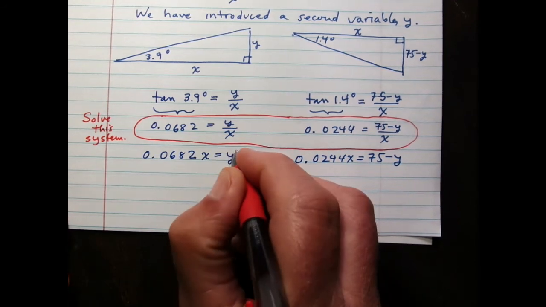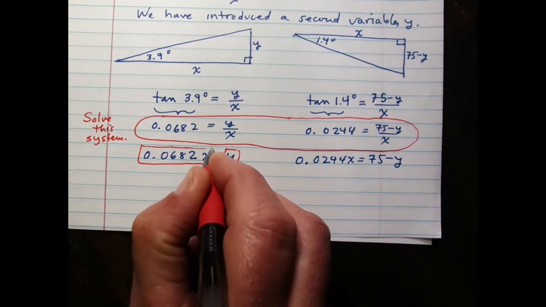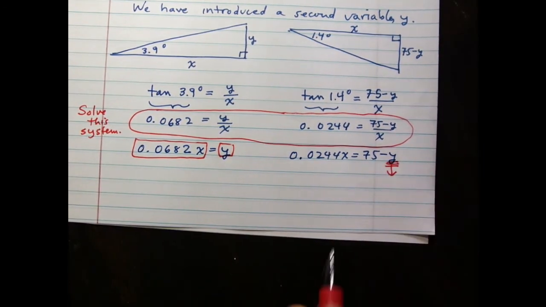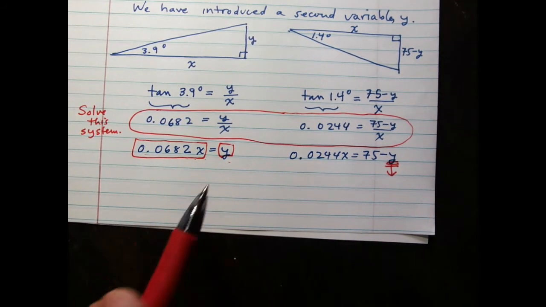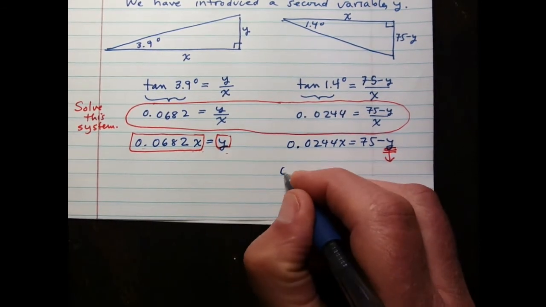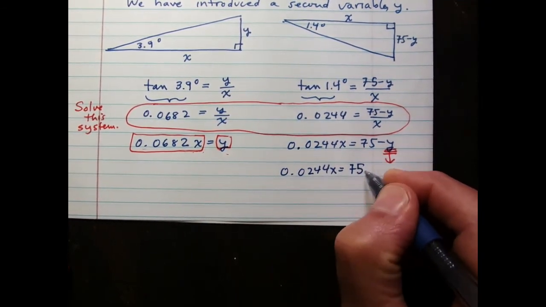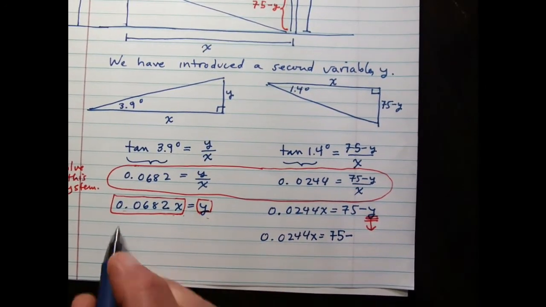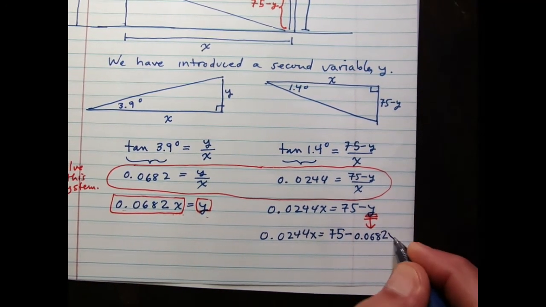But I do have y isolated in this first equation, so I could make a substitution into the second equation. I can replace y in the second equation with the left-hand side of this first equation. So I'm going to recopy here. 0.0244x equals 75 minus, instead of y, let me write down 0.0682x, right?